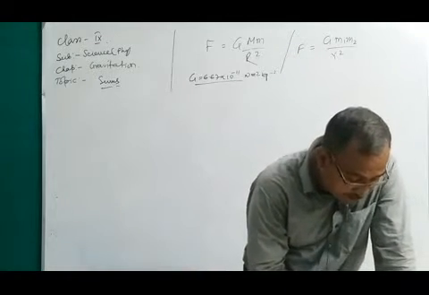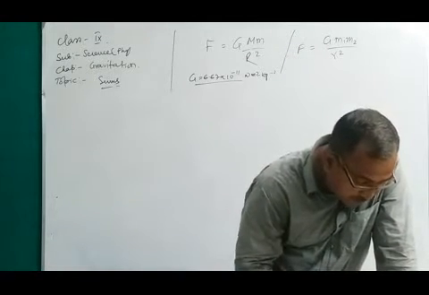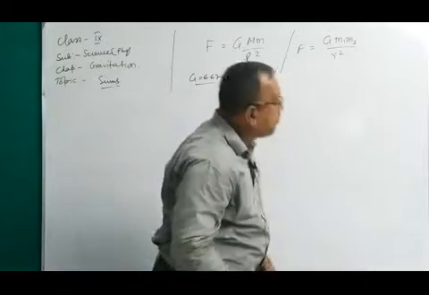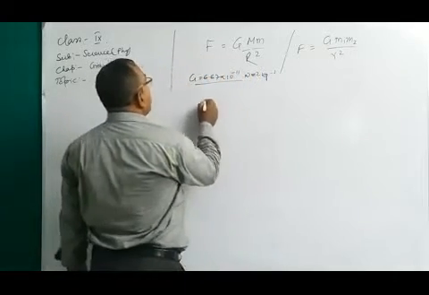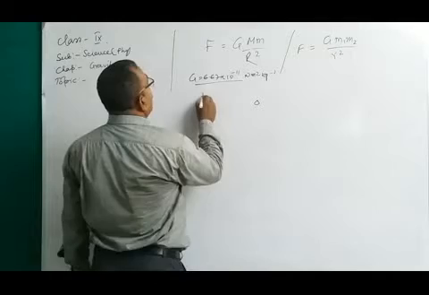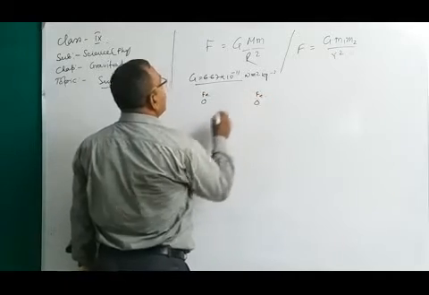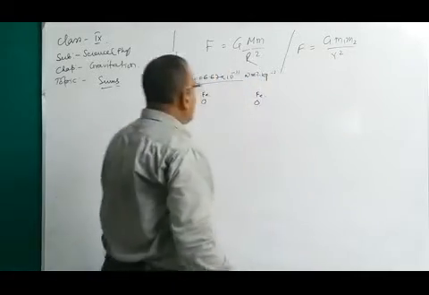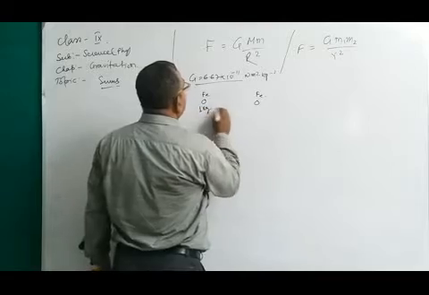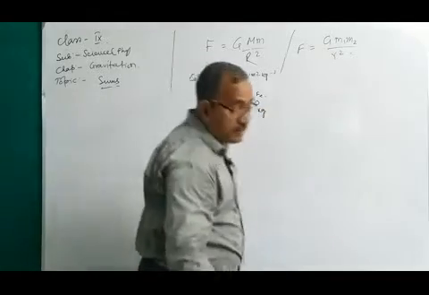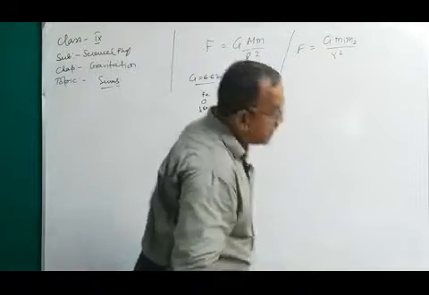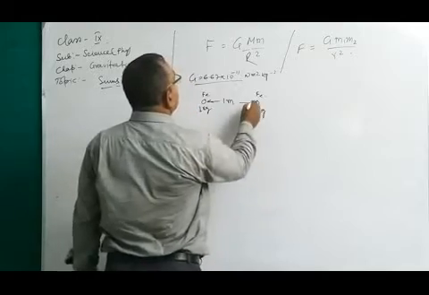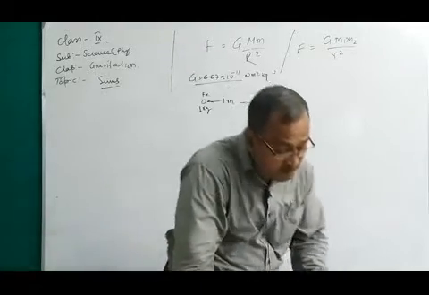Suppose one numerical. Calculate the gravitational force between two iron balls, each of mass 1 kg, separated by a distance 1 meter.